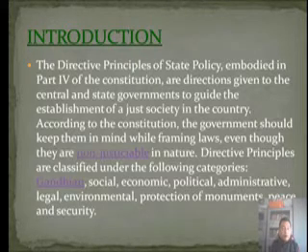According to the Constitution of India, the government should keep them in mind while framing laws, even though they are non-justiciable in nature. Directive principles are classified under Gandhian, social, economic, political, administrative, legal, environmental, protection of monuments, peace and security, and so on.